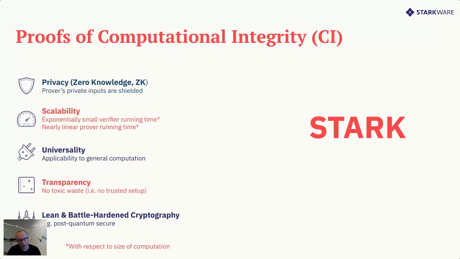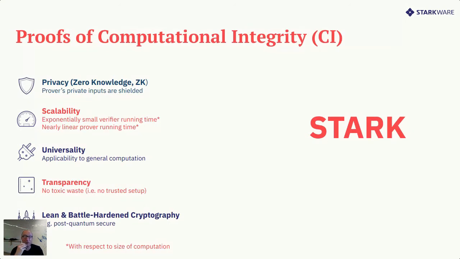So scalability is another aspect that you would like. And the exponential separation between the proving and verification time is extremely helpful for scaling up proof systems, blockchains and computations, and allowing blockchains to scale up.